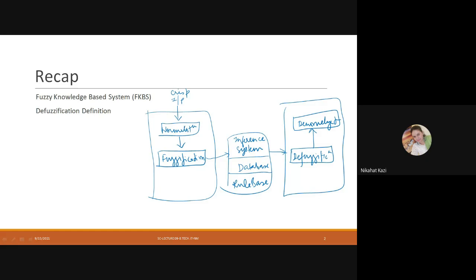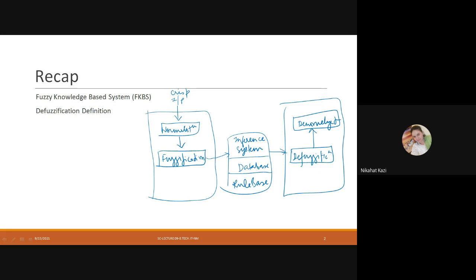So you need to do the reverse process. You need to convert this fuzzy set back to a crisp value. And that process is nothing but defuzzification. The definition of defuzzification is conversion of a fuzzy set to a crisp value. Opposite process of fuzzification.